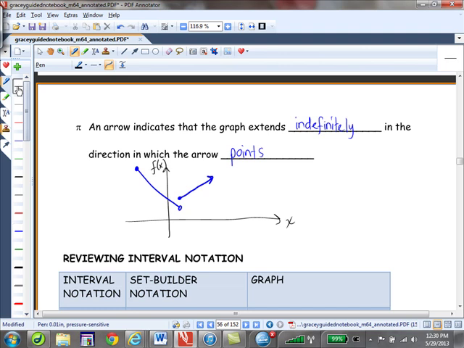So suppose that this was the ordered pair, I don't know, you could call it -6, 7.